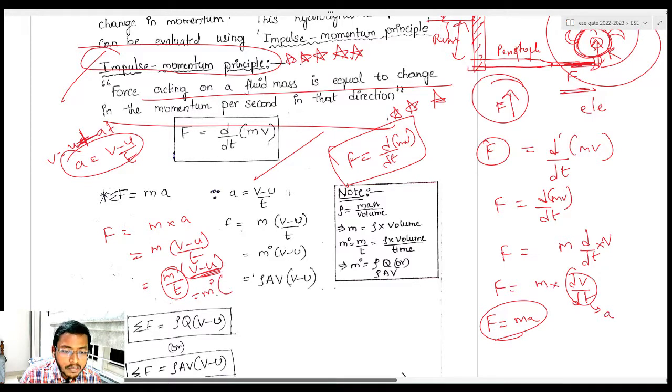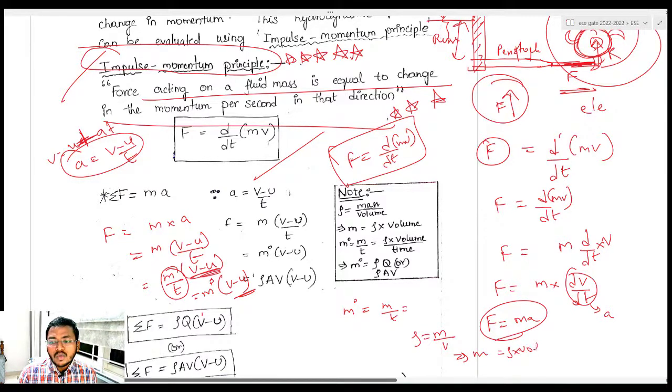I am introducing a new term m naught, which is nothing but the mass of fluid striking my vane per unit time. m is the mass of fluid, m by t I am considering as mass per unit time, as simple as that. Let me make it very clear, whatever this m naught is, that is m by t, right? So what is mass in terms of density? Density is mass by volume. So I can write my mass as density into volume.